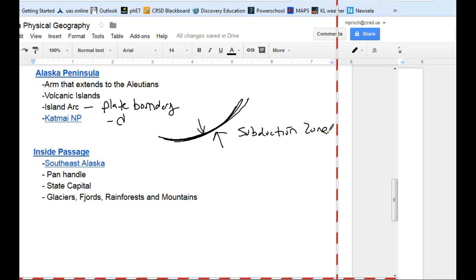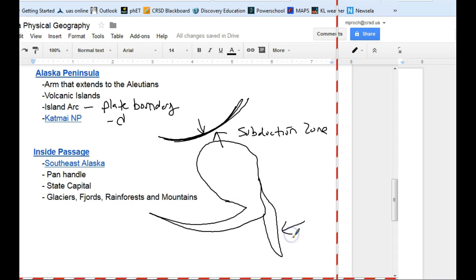So the last place is the Inside Passage, and this is Southeast Alaska. It's that small little panhandle. You have the state, the major portion of the state, and then you have the Aleutians off like that. Then we have this little section, this section right here. Okay, looks like an octopus with 2 legs or something.